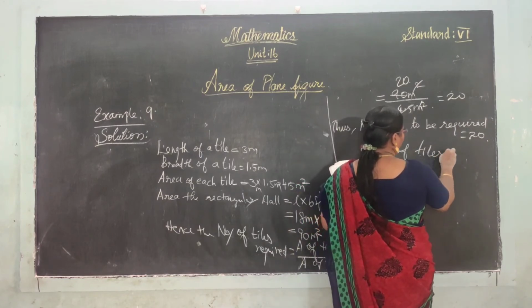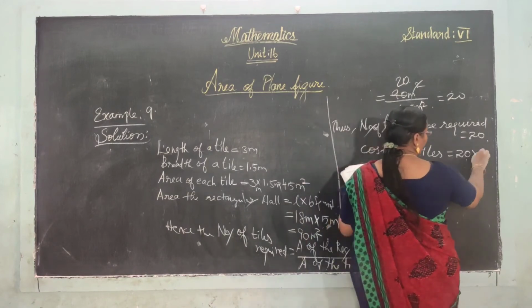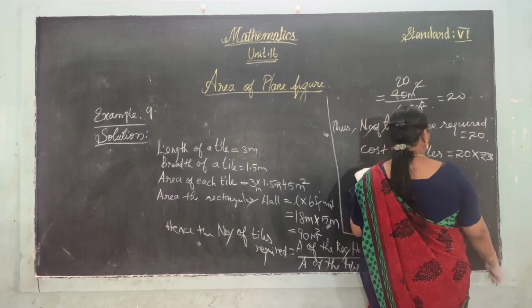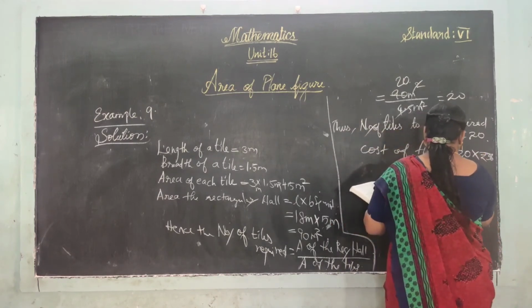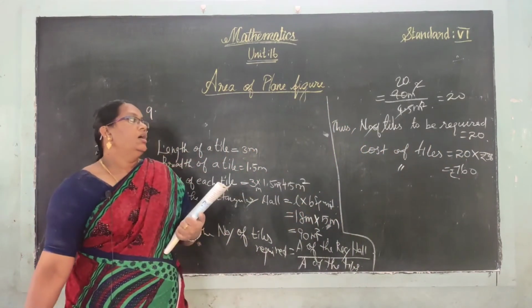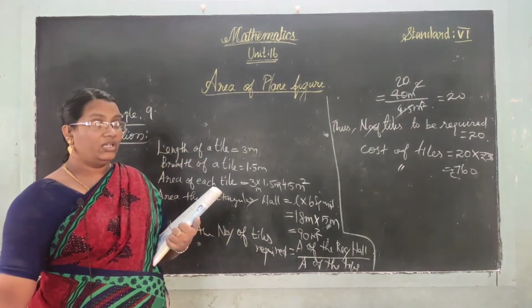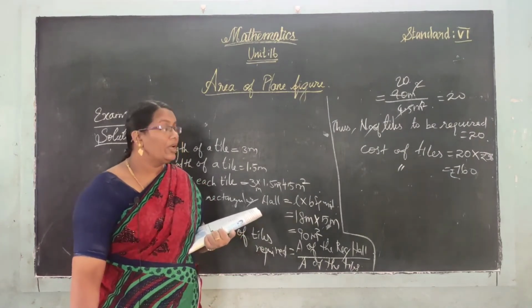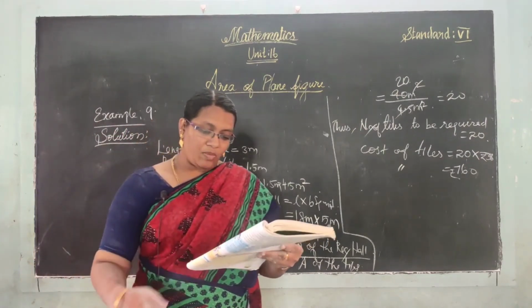Cost of tiles is equal to 20 into 38 rupees. 38 multiplied by 2 is 76, add 0. So the cost of tiles is equal to 760. The cost of 20 tiles is equal to rupees 760.